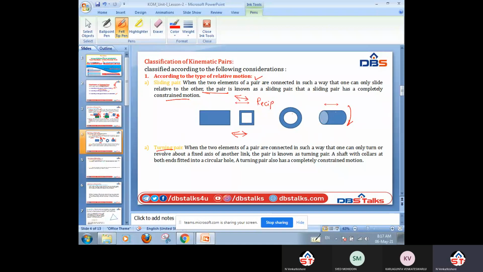This shaft will move in reciprocating motion, that is forward and backward. At the same time, it can revolve also.